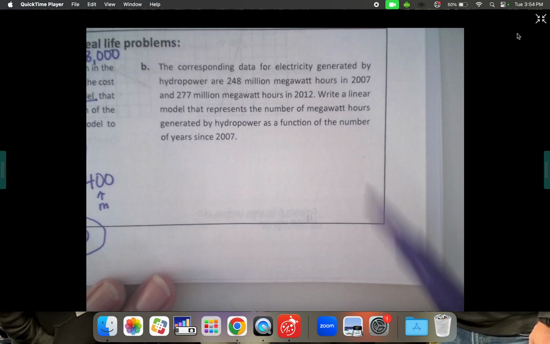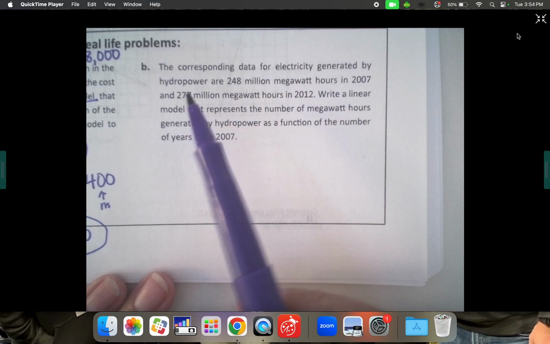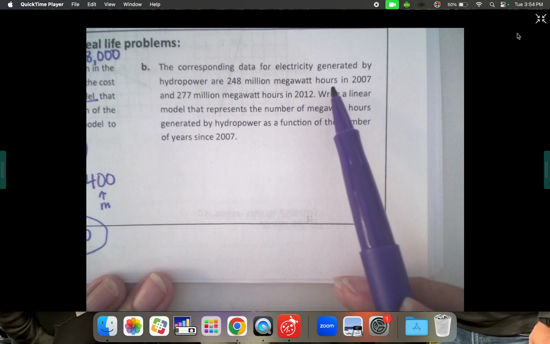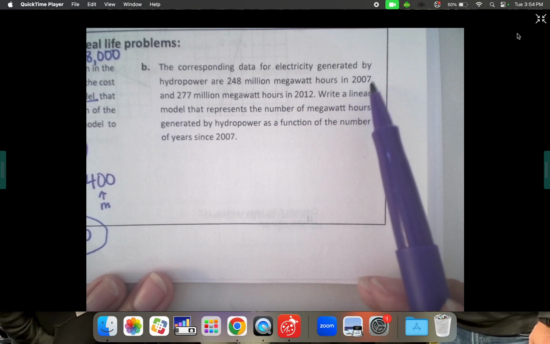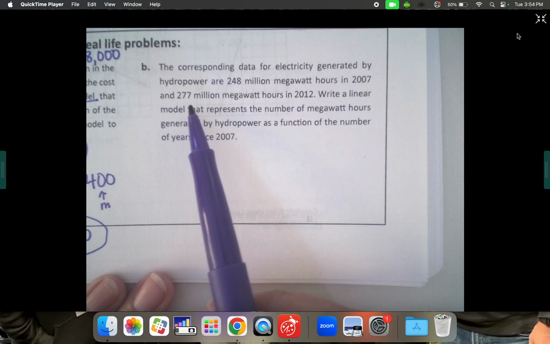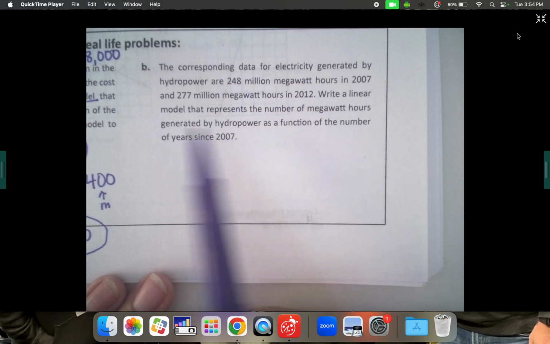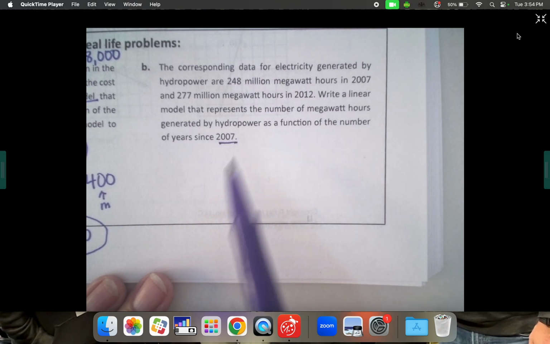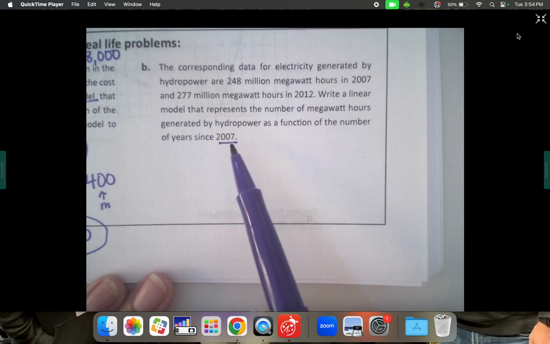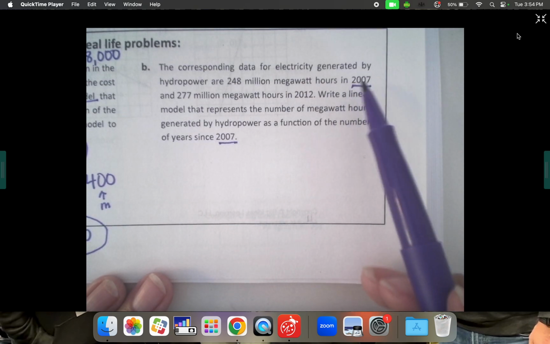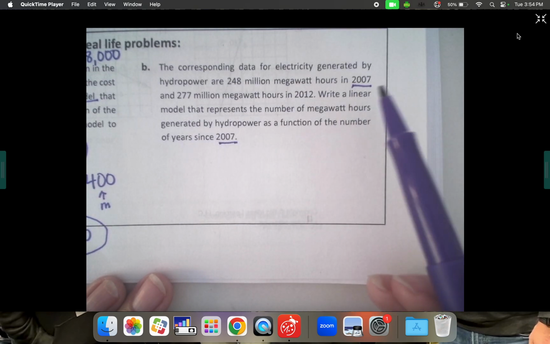So the corresponding data for electricity generated by hydropower is 248 million megawatt hours in 2007 and 277 million megawatt hours in 2012. Write a linear model for the number of hours as a function of the number of years since 2007. So they want us to start at 2007. So we're going to make the year 2007 our 0 year because that's what we're starting from.